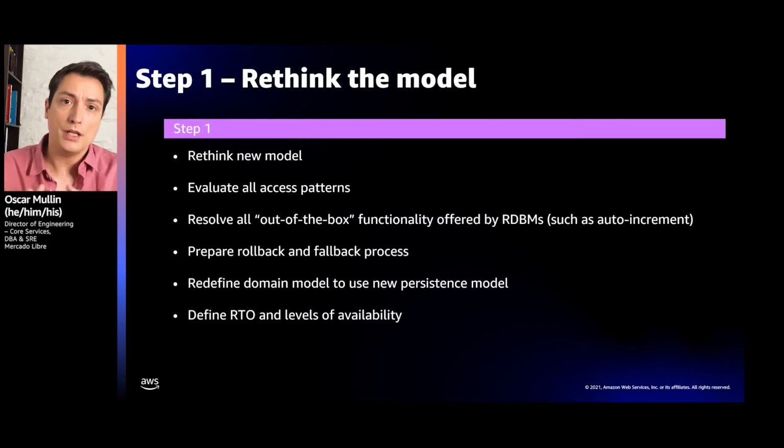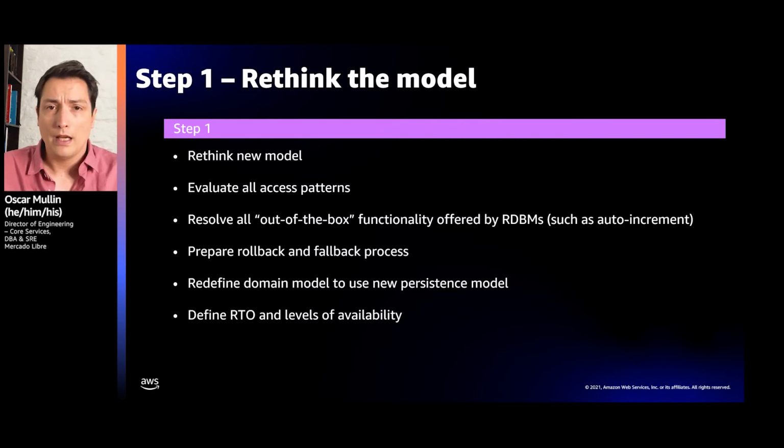NoSQL engine instead of relying on the relational database, and that started with rethinking the model, right? The first part was evaluating all the access patterns. As you saw, most of our reads were by key, but we also had some other access patterns, so it's important to evaluate all the data access patterns you may have. You have to resolve all of the out-of-the-box features that are provided to you by the relational database, like auto-increment, for example.